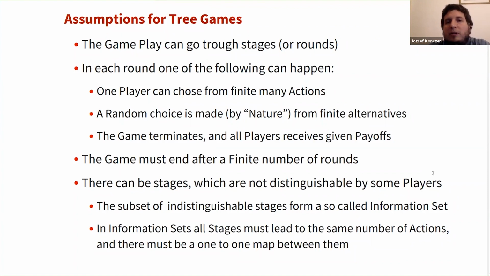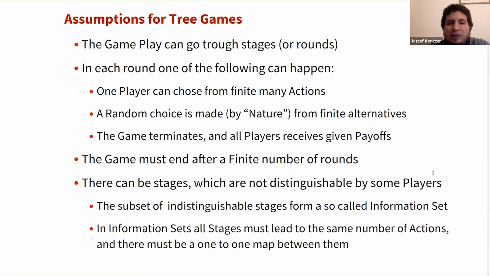In each round, one of the following can happen. One player can choose from finitely many actions. A random choice can be made by the so-called nature player or chance player, but only from finite alternatives. Or the game can terminate and all players receive given payoffs. Then the game must end after a finite number of rounds. I mean, we will deal only with that kind of problems.